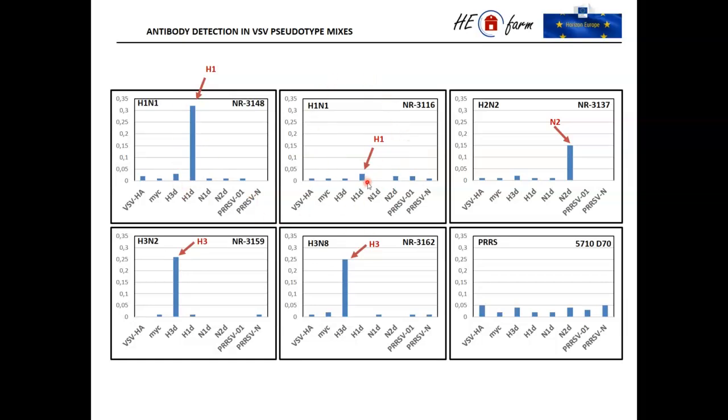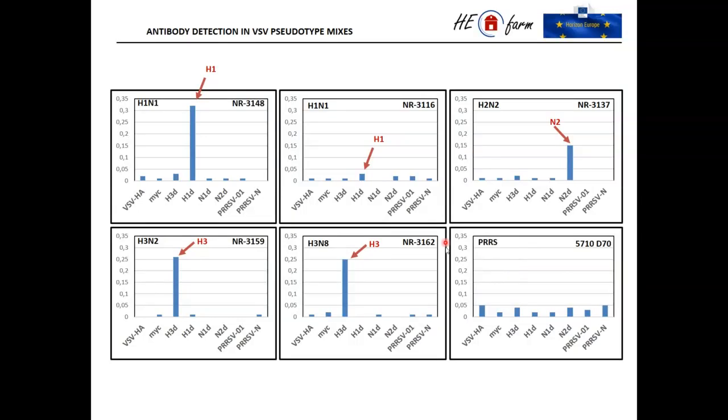Some other sera are positive, but with a low amount, some for the hemagglutinin and neuraminidase. So basically, to make it short, we got very good recognition in general of the hemagglutinin and neuraminidase, but we were unable to get any specific signal with the PRRS virus.